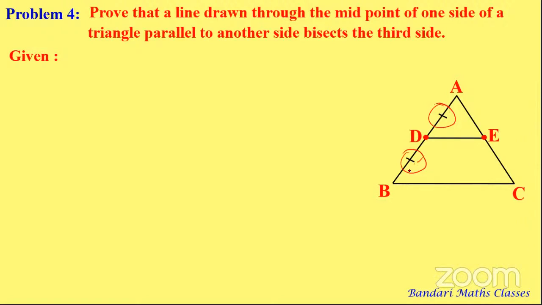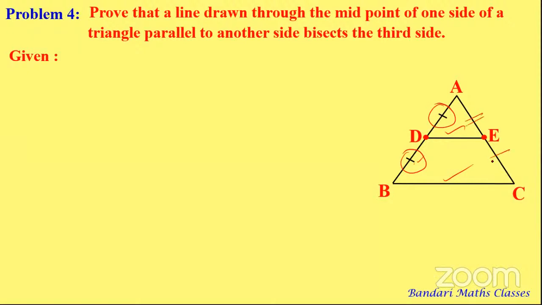Now, what is required to prove? The line drawn through the midpoint of one side and parallel to the other side, this is parallel to this side, then it bisects the third side. Bisect means the intersecting point divides AC into two equal parts.